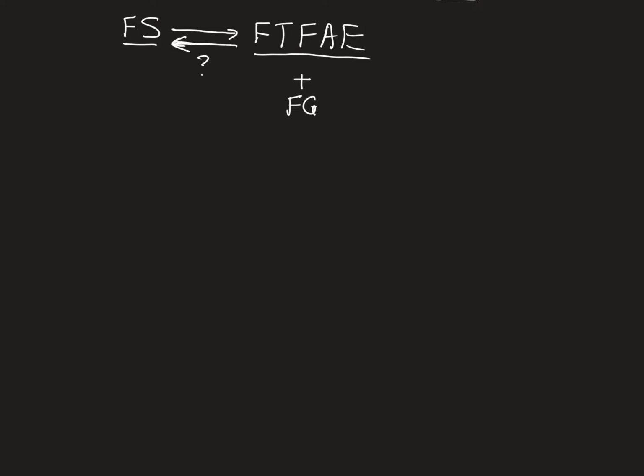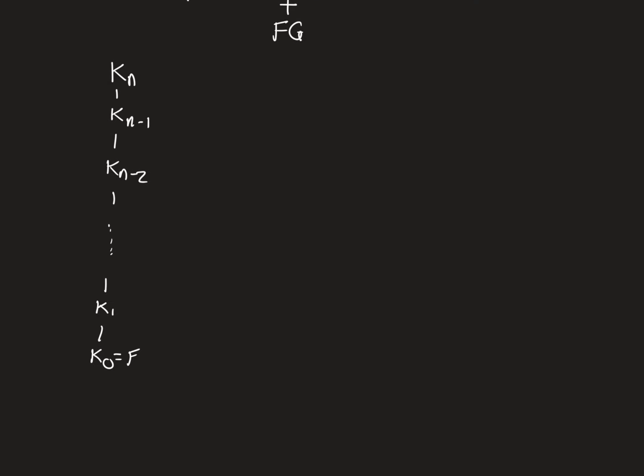So if we have our extension, so let's just call it K, and let's say it's built out of this tower of extensions, so we'll call it Kn, and then let's say we've got Kn minus 1, Kn minus 2, all the way down to K1 and K0, which we'll call F. So this is our extension here. We're saying that we know the entire thing is finite Galois.